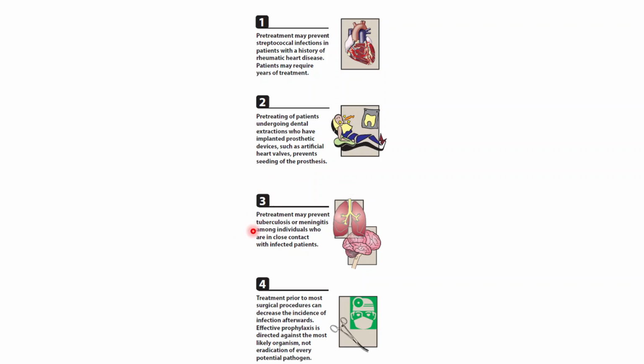of tuberculosis and meningitis in the relatives of ill patients, so in patients ill with tuberculosis, and also treatment for surgical procedures, usually for the sterilization of the GI tract, mostly the intestine before surgery on the intestine, or for eradication of some pathogens like, for example, Helicobacter pylori during an ulcer.